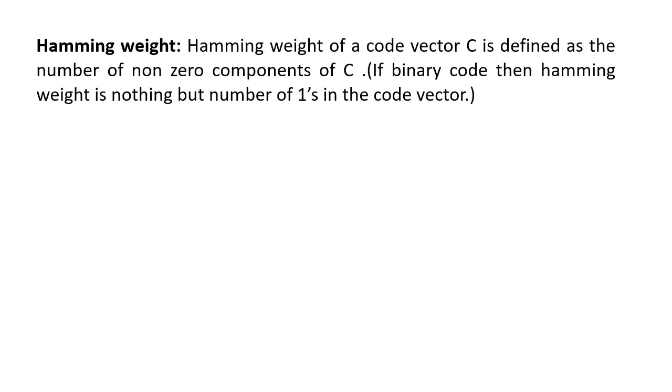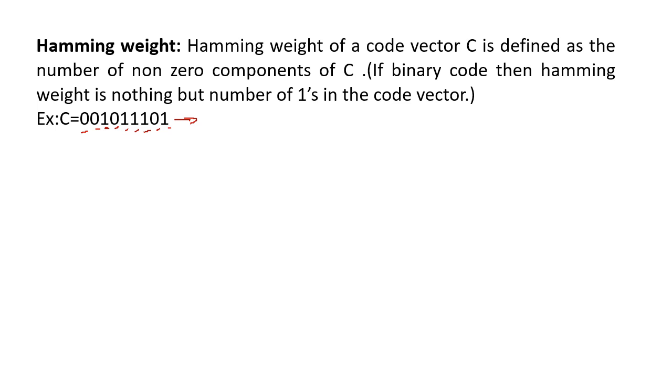Hamming weight of a code vector C is defined as the number of non-zero components of C. If it is a binary code, then Hamming weight is nothing but the number of ones in the given code vector. Example, if C is given as 0, 0, 1, 0, 1, 1, 1, 0, 1, then for finding the Hamming weight we need to find the number of non-zero components, or number of ones if it is a binary code vector.